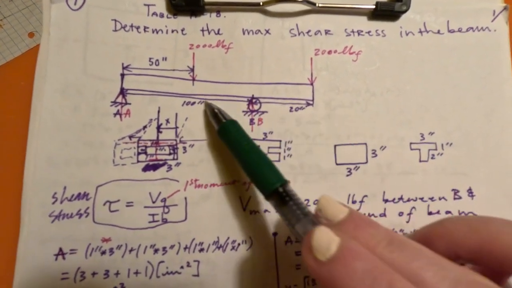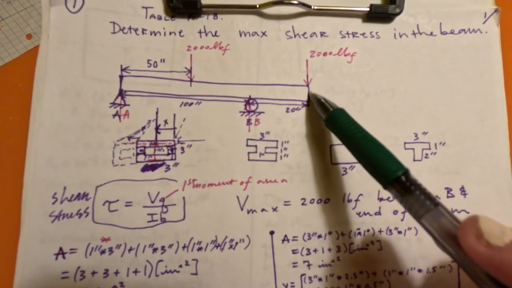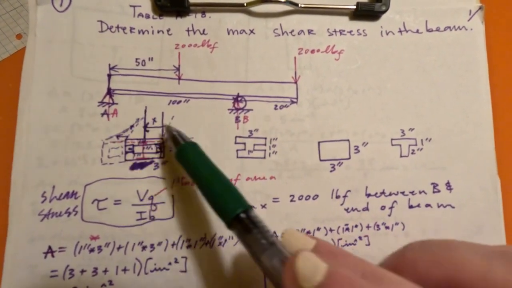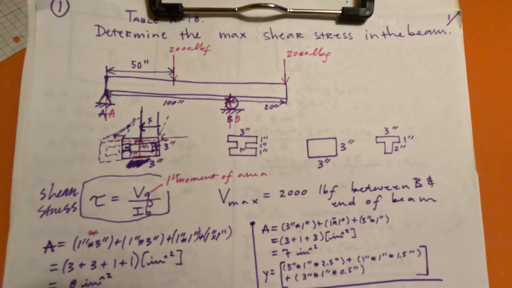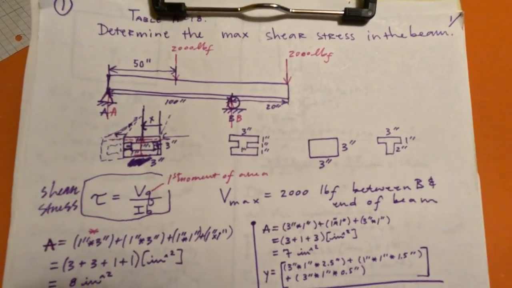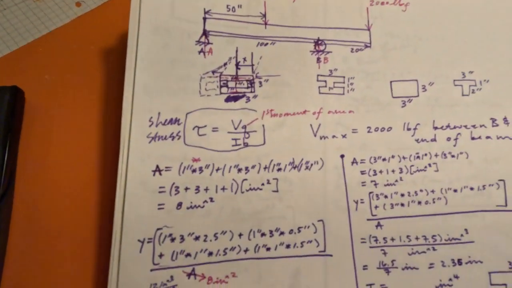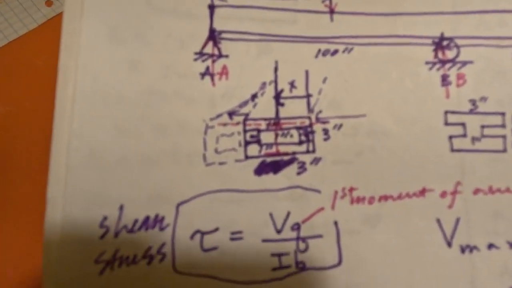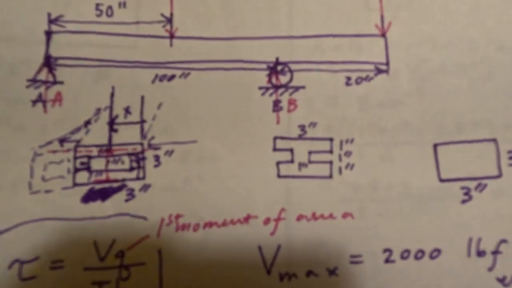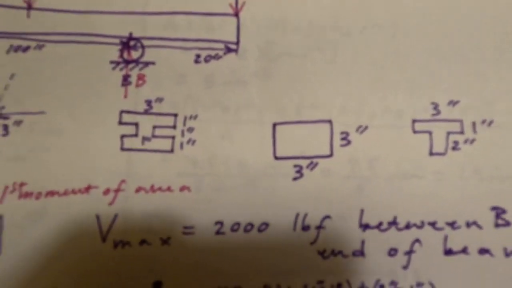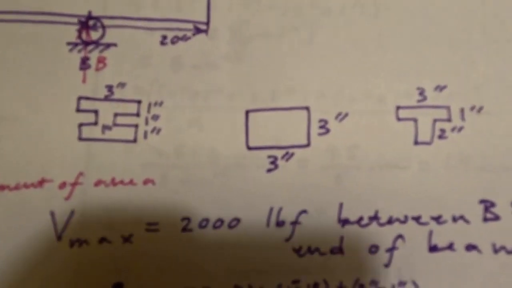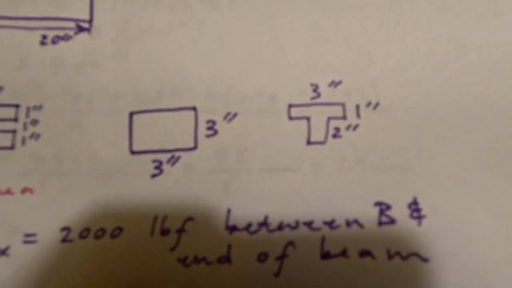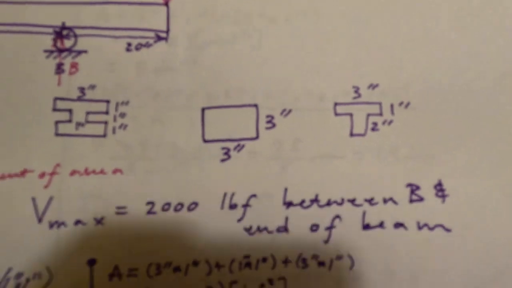We have forces of 2,000 pounds here and at the end, and a reaction force here and here at point A and B. We're going to take a look at a rectangular cross-section beam, then an I-beam and a square shape cross-section beam, and then a T-shaped cross-section for a beam.